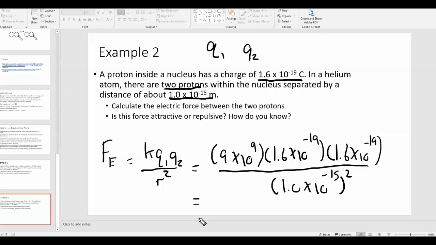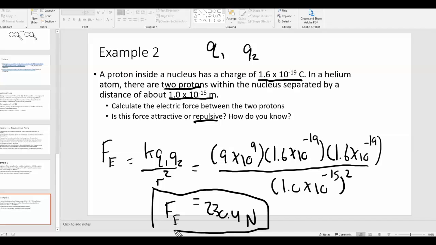And so this force is definitely going to be repulsive. And the force that you should get is a positive 230.4 newtons. That force is repulsive because positive and positive repel. Okay, that is it for the main part of this unit. Okay, hopefully you got that answer.